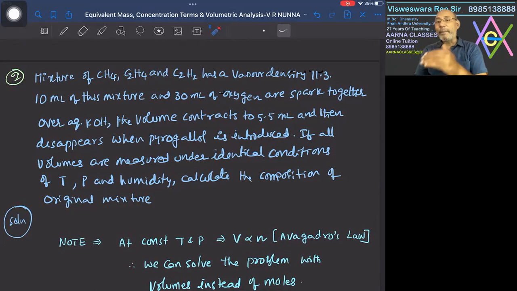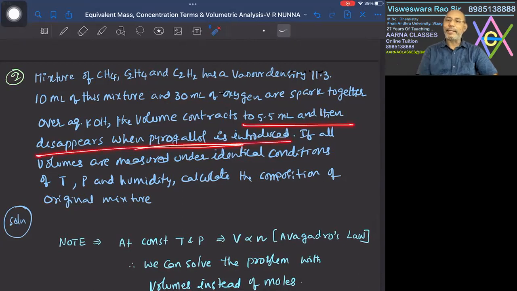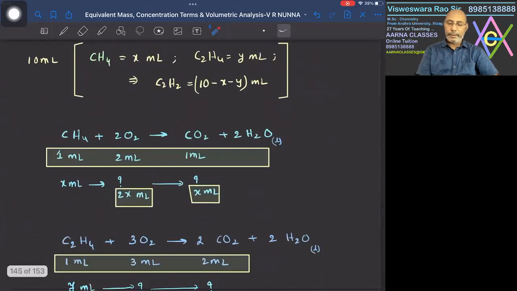That 5.5 ml disappears when you pass it over alkaline pyrogallol. That means the 5.5 ml must be oxygen gas. So you started with 30 ml, 5.5 ml of oxygen gas is left after the reaction, and it disappears when pyrogallol is introduced. Okay, now.